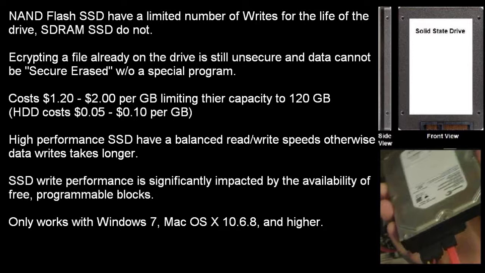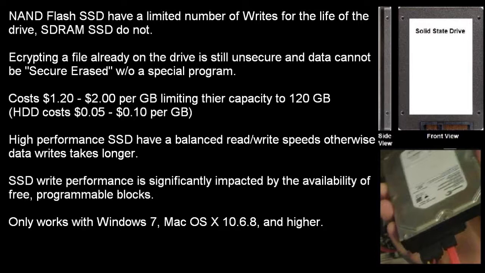Next, here's one of the worst things about solid state drives. Their write performance is significantly impacted by the availability of free programmable blocks. As you remember, I showed you what each block looked like as a representation of what goes on, and each square in a block is a memory cell.